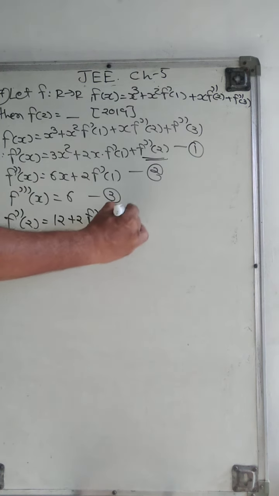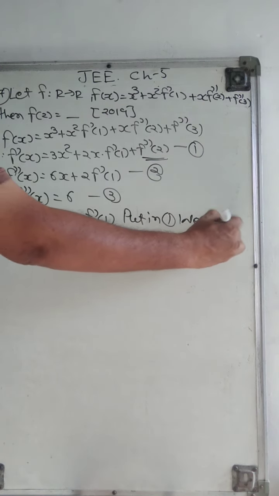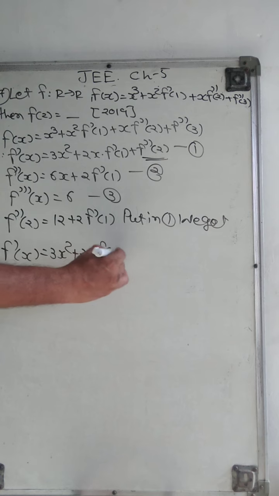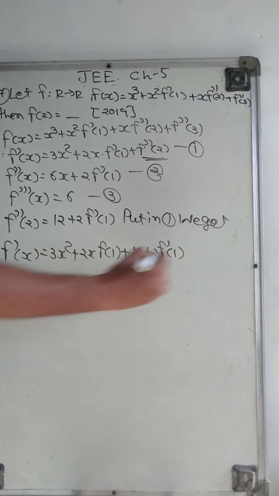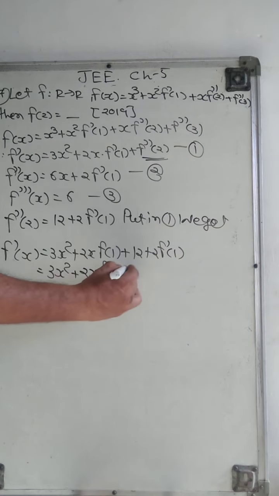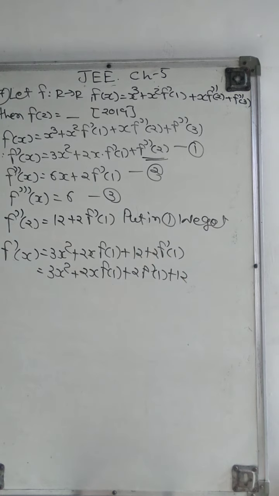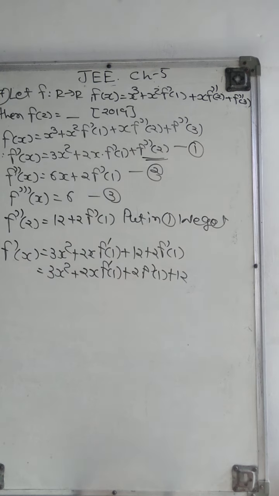So put it in, we get f dash x is equal to 3x square plus 2x into f dash 1 plus 12 plus 2 f dash 1. So it is 3x square plus 2x f dash 1 plus 2 f dash 1 plus 12. Okay.